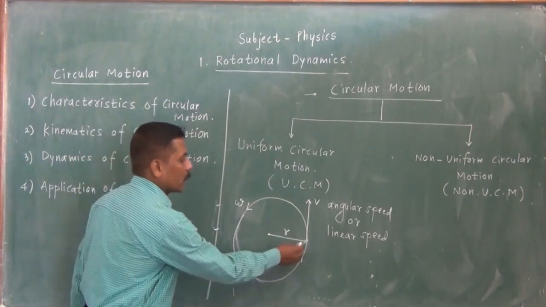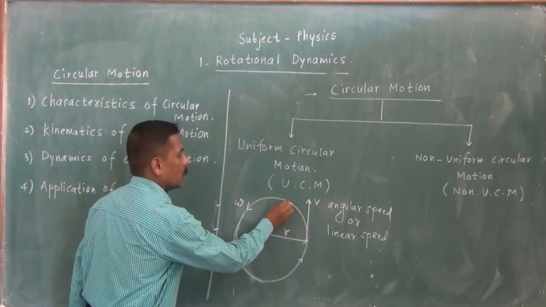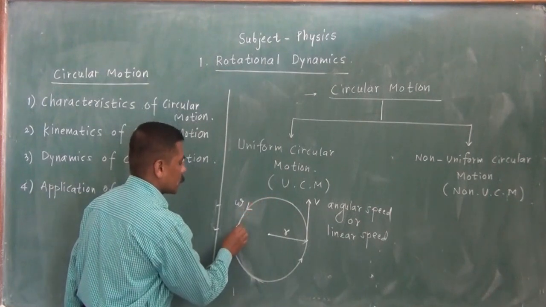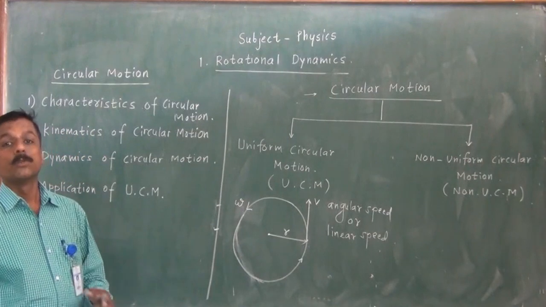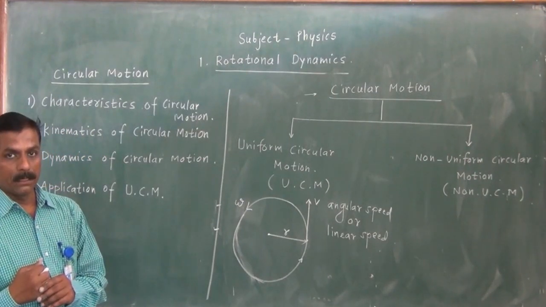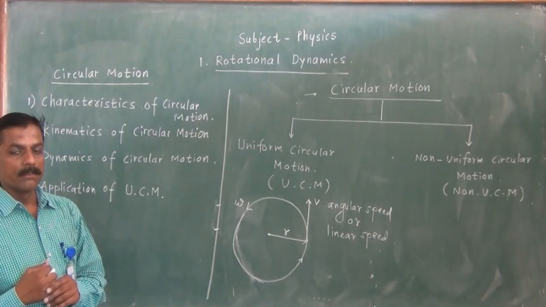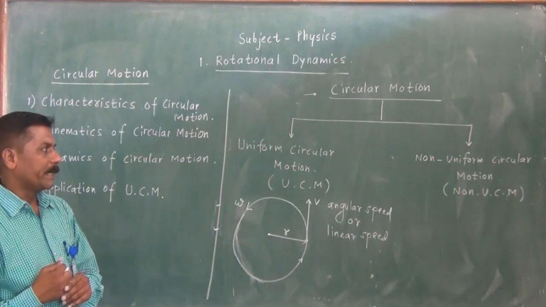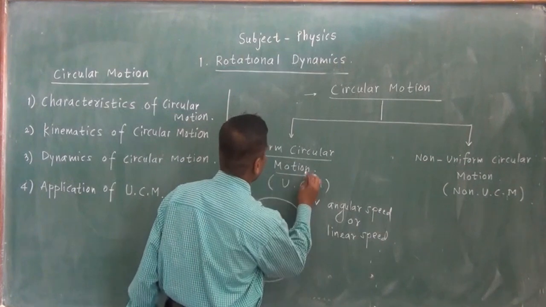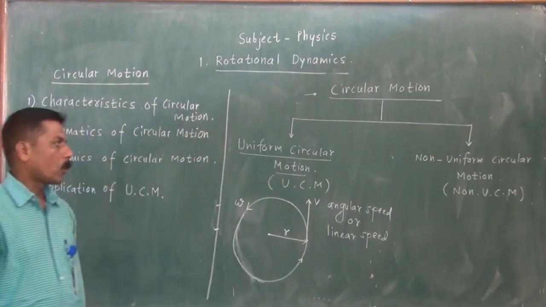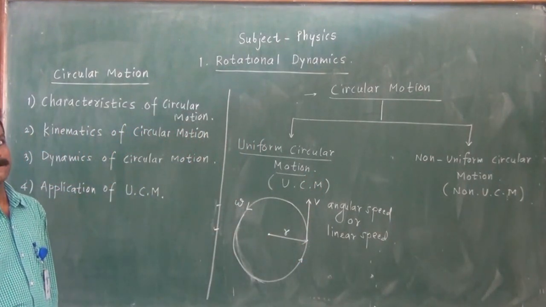So this particle will cover a certain distance in a certain interval of time. When the particle is moving with uniform speed, you will get such a type of motion. It is called uniform circular motion.